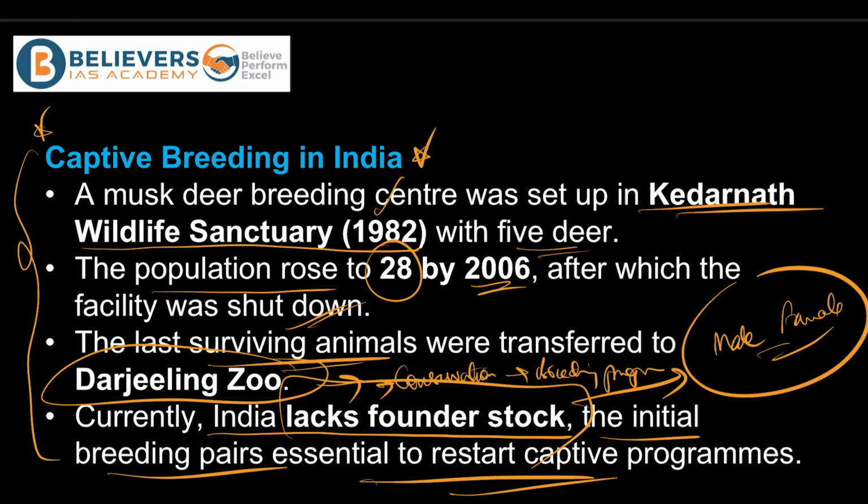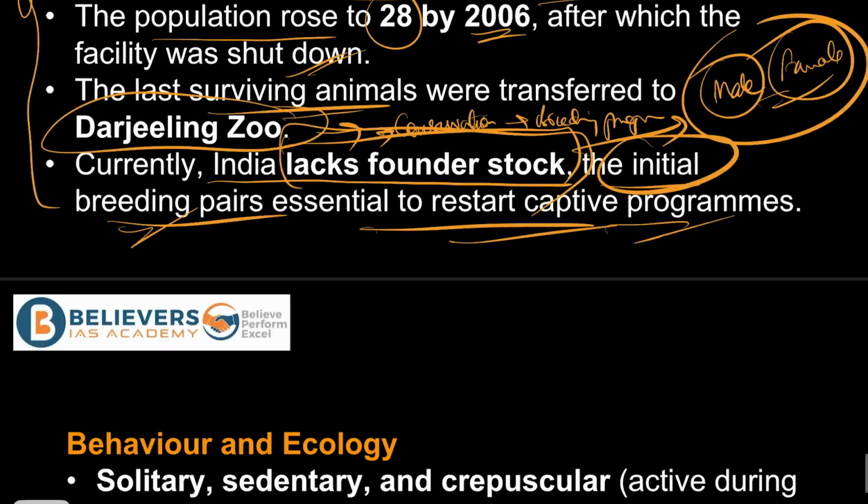It doesn't mean you have a male and a female of any lineage that you cross and make offspring. Absolutely not. You need a proper male and a proper female, preferably from different lineages, so that the inbreeding problem doesn't happen. That's what India is currently lacking, that particular founder stock, which is very much required as initial pairs for breeding and to restart this captive program.